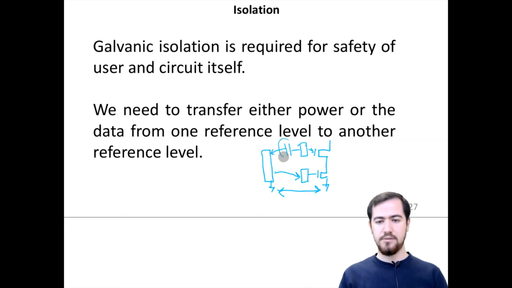This is the isolation barrier, and we need to carry some power and the PWM data to the other side. So actually we are using these isolation components either to transfer power or the data from one reference level to another reference level.